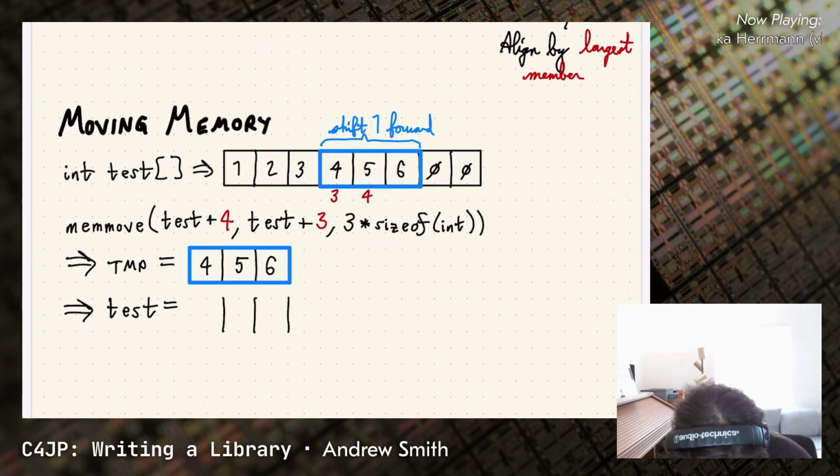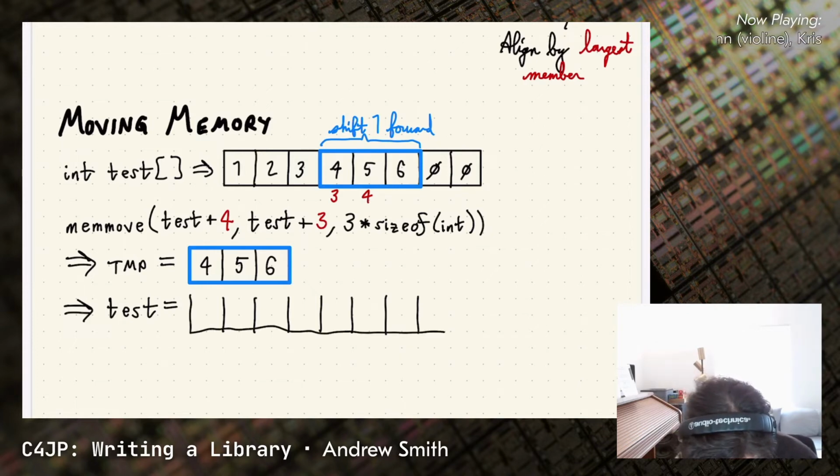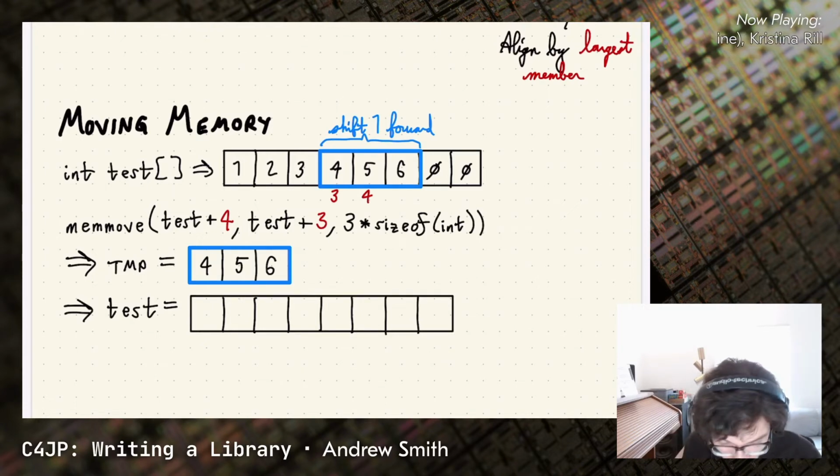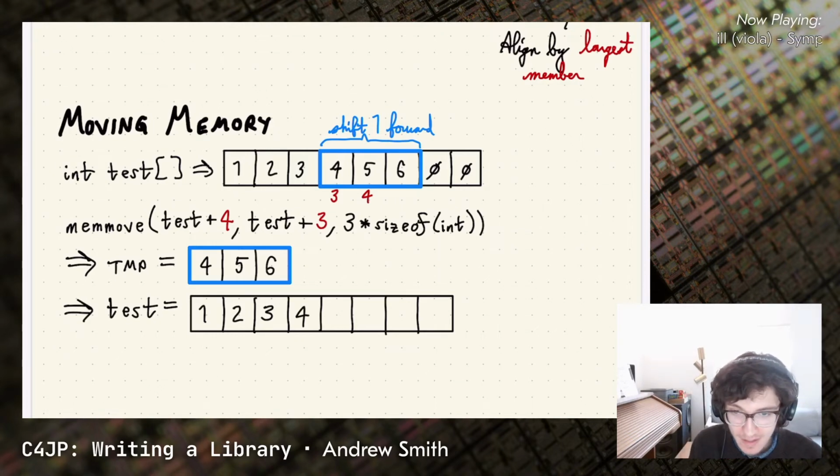There we go. And so the values at the beginning are obviously going to stay untouched. We're still going to have this 1, 2, and 3. And we're actually still going to keep this 4, right? Because we're shifting down 1 element.